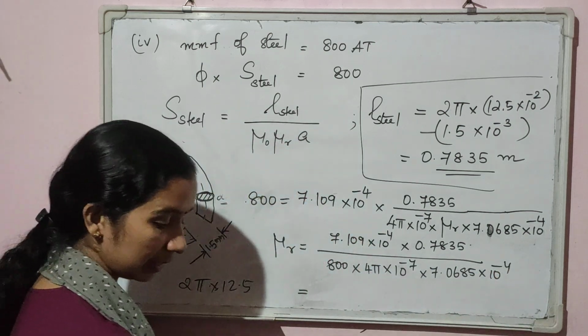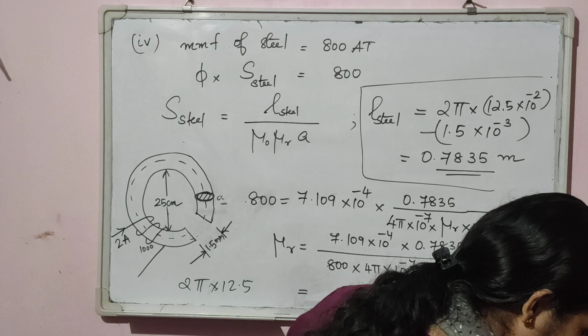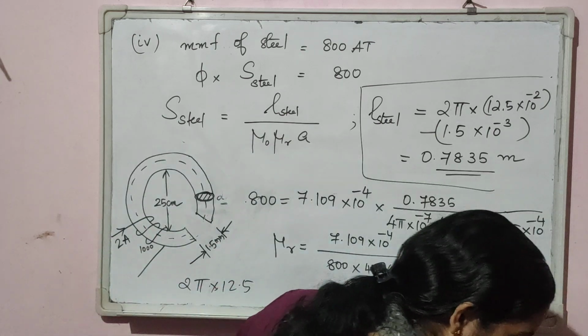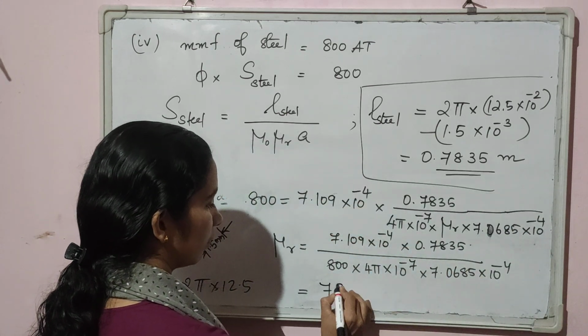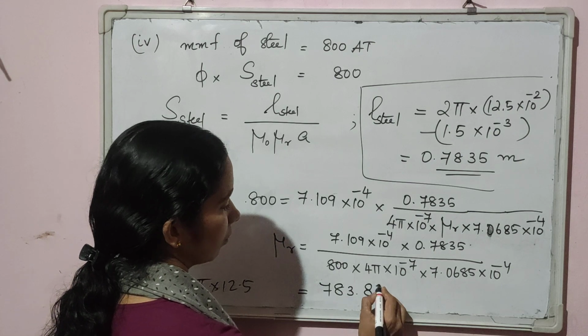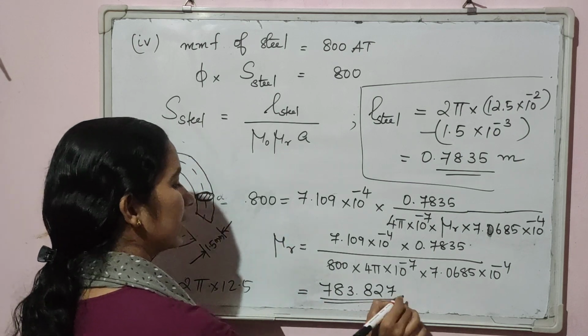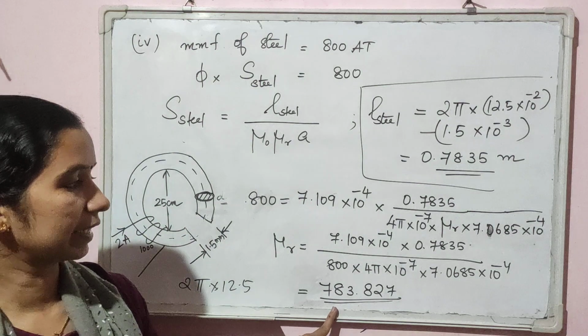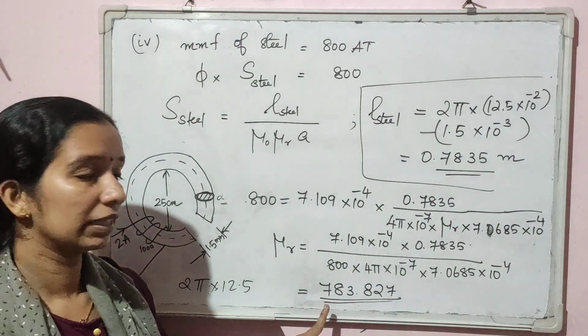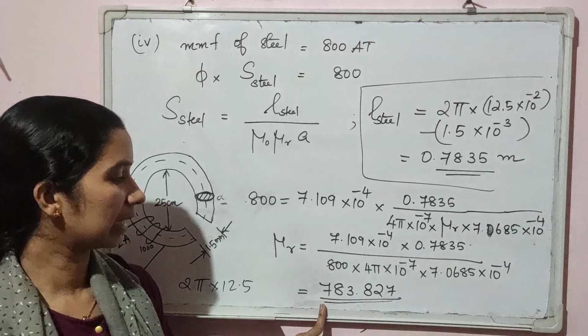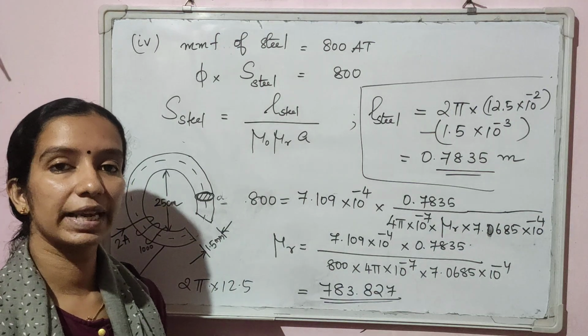And the answer will be 783.827. So this is the relative permeability of steel. On solving this, we will get the relative permeability of steel as 783.827.